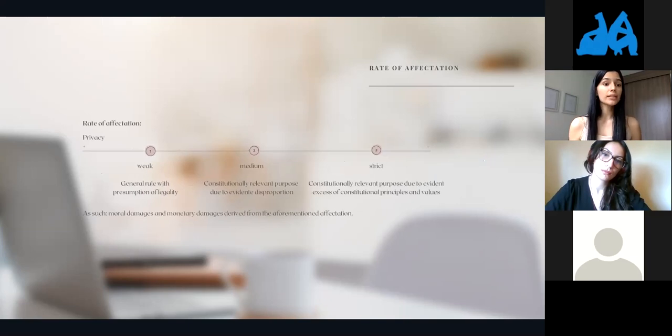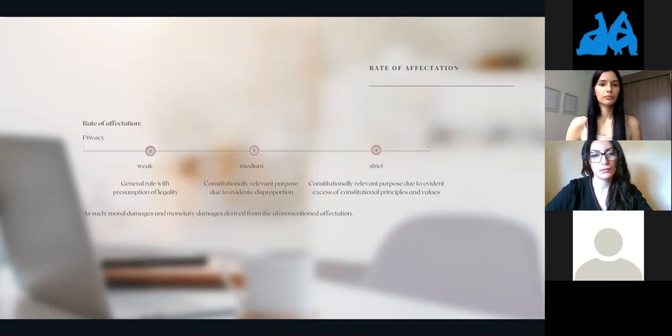En el mismo sentido, hay unos rangos según la afectación. There are also different rates of affectation. Se dividen en tres, donde, dependiendo del objeto de afectación al otro en su derecho, se va a determinar una mayor o menor gravedad.